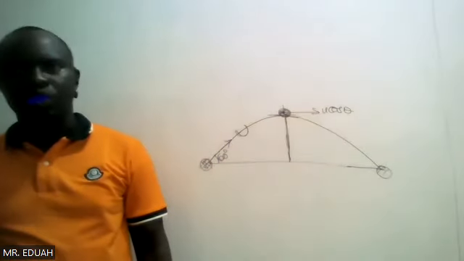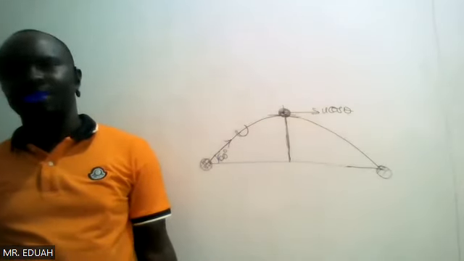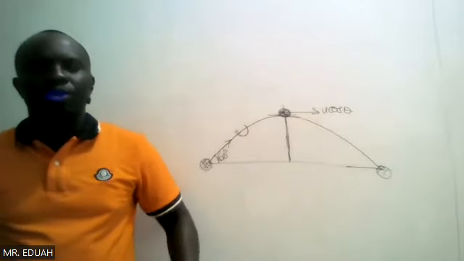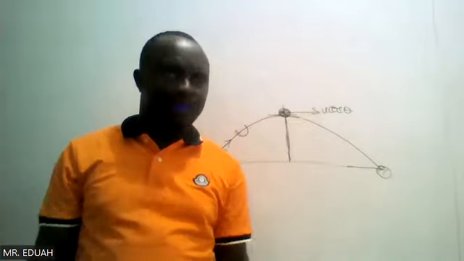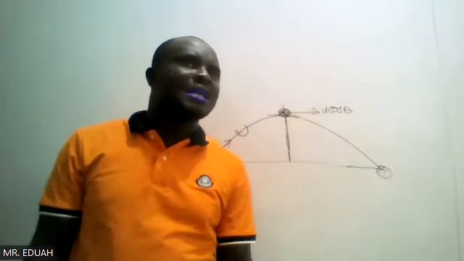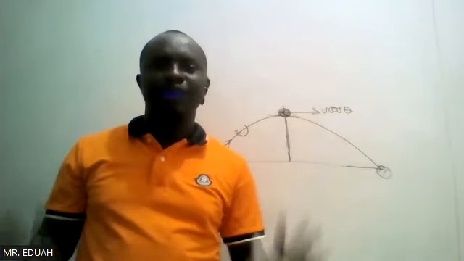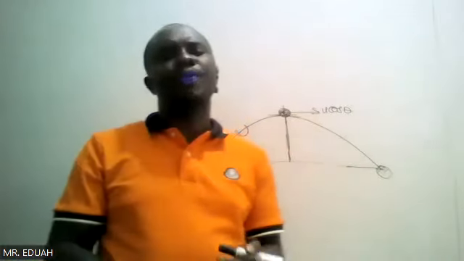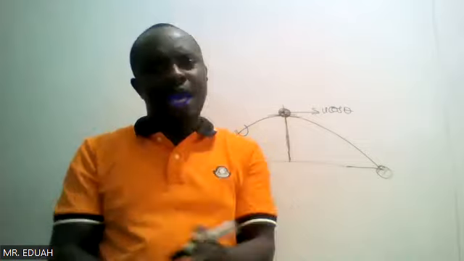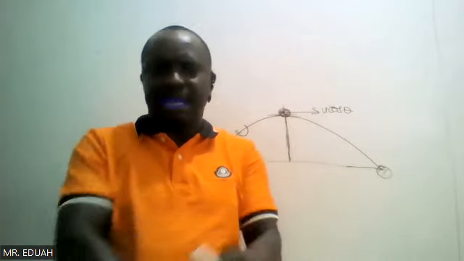by virtue of its motion, when the body is moving. So it has a good thing to do with the velocity. Now, as the body goes up, what do you think would happen to its potential energy?